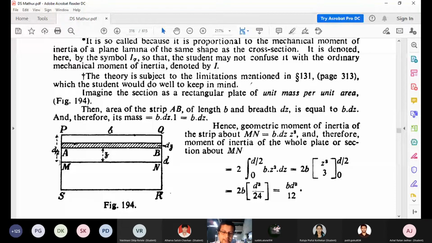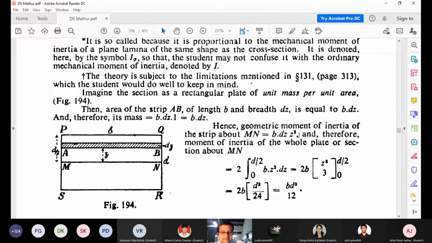Are you getting it? So b dz into z square is the moment of inertia. How do we define the moment of inertia? The masses are distributed with the square of the distance from the axis. Here the axis of rotation is Mn, and z is the distance. So we need z square, and we multiply that by the mass b dz.